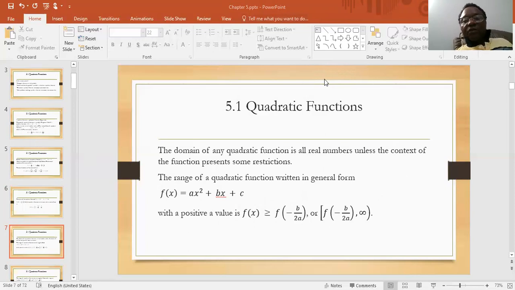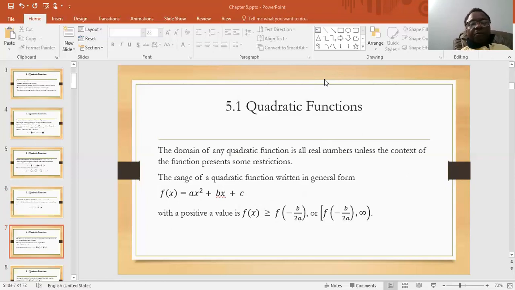The domain of a quadratic function is all real numbers. That is, all real numbers can be used to obtain the image from a quadratic function. The range of a quadratic function is all the values that are either above the image of the vertex, k, or below k, depending on whether a is positive or negative, that is the leading coefficient a.